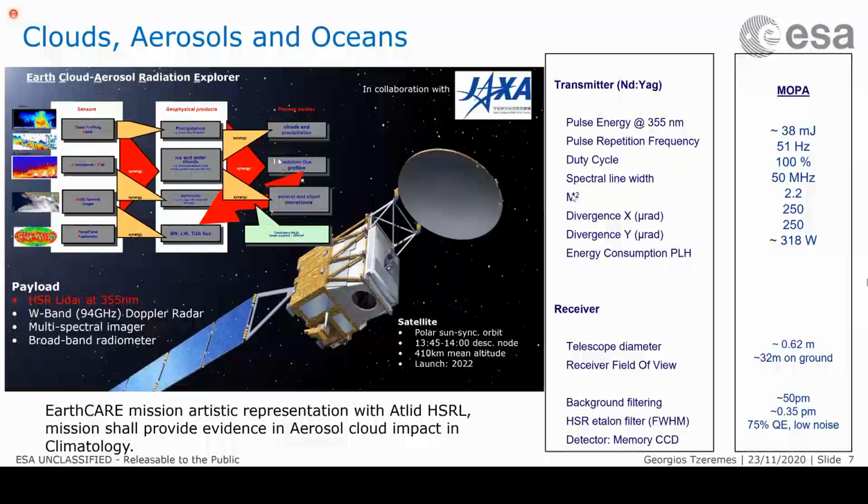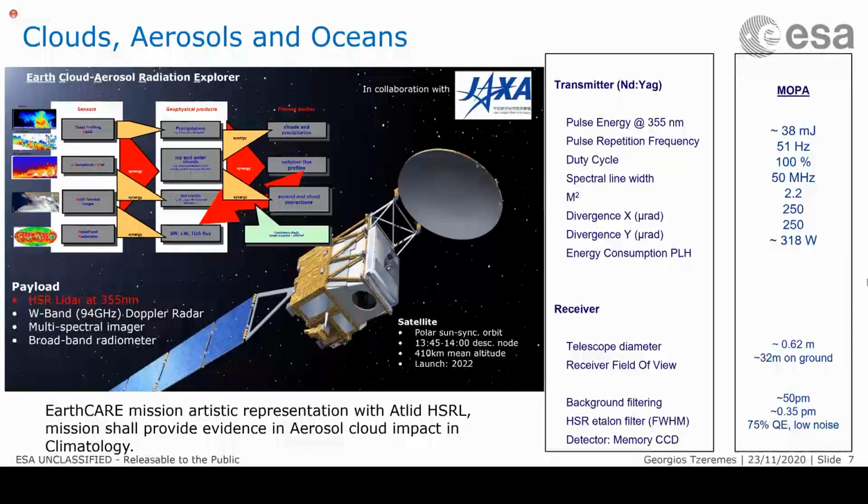If we look specifically at the high spectral resolution LIDAR, you see it's a high power system. It has the master oscillator power amplifier configuration. We still use neodymium YAG. It's also the most accepted technology for us at the moment.